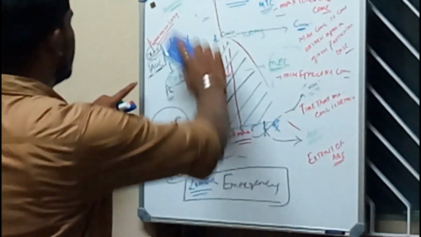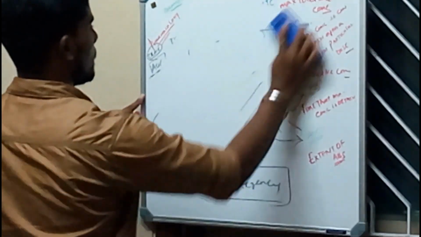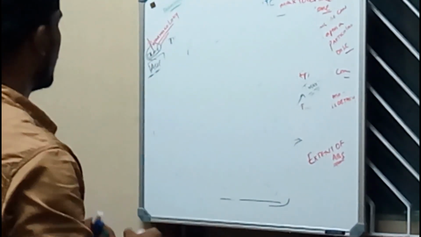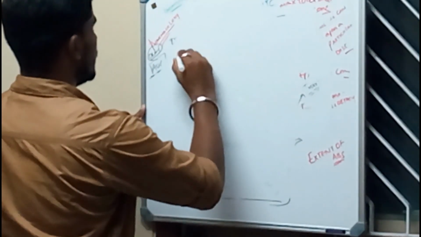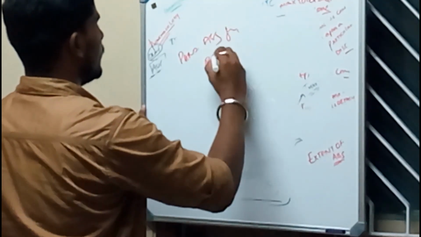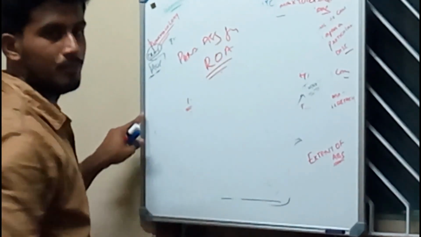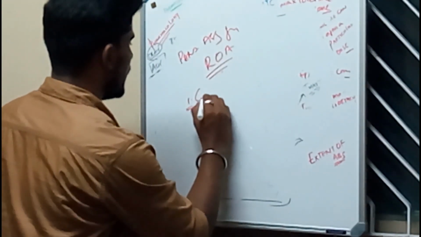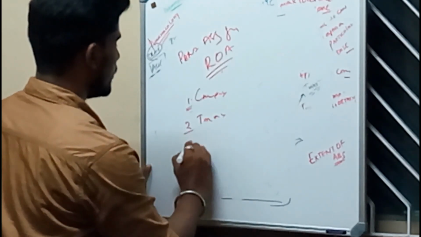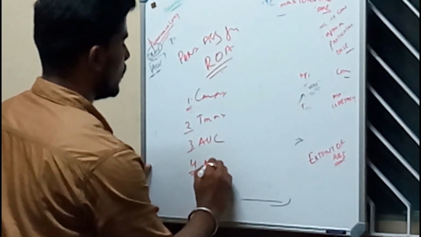Like here, one bit has been asked. If they give a question like this: the parameter assessed for rate of absorption, option number 1, Cmax, option number 2, Tmax, option number 3, AUC, option number 4, none of the above.